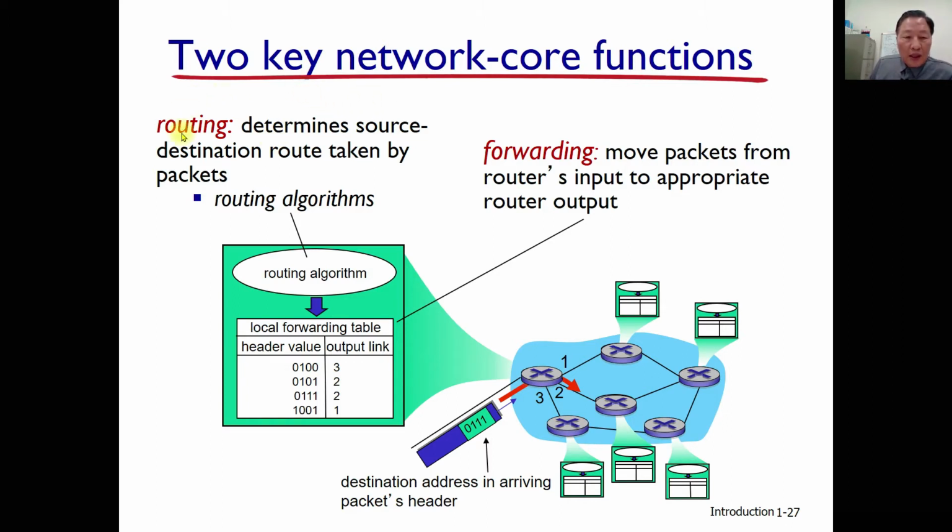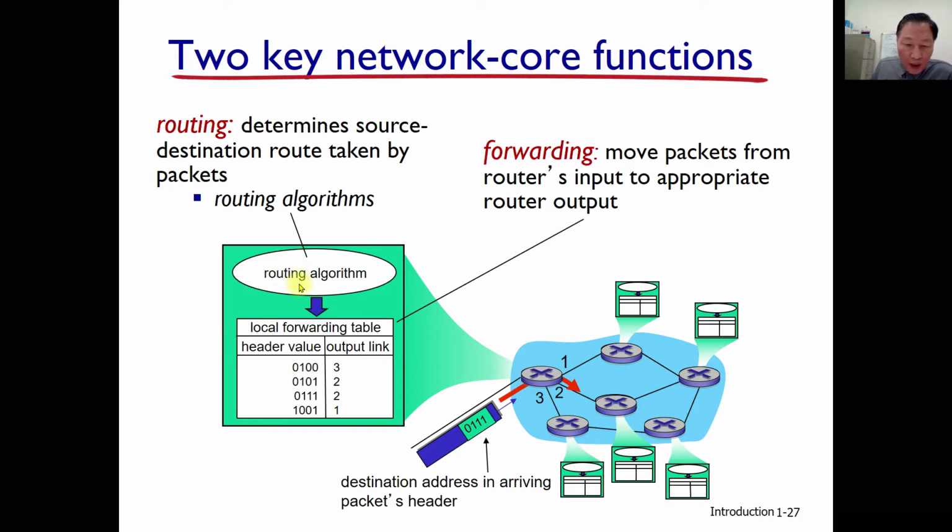Here we'll learn about the two key network core functions. Those are all implemented in the router, and the first is the routing functionality. This one is determining the source to destination route taken by packets, and how the routing algorithm is handling that.